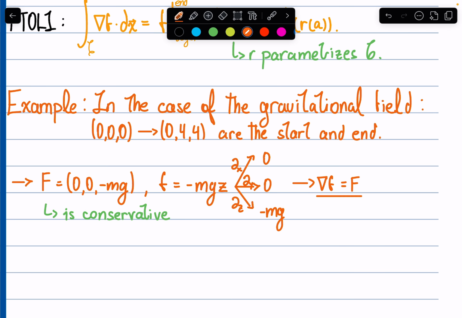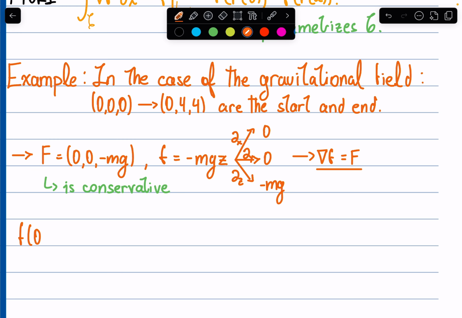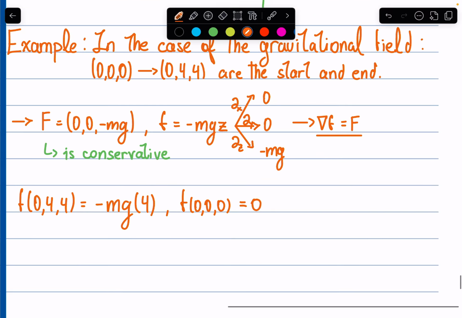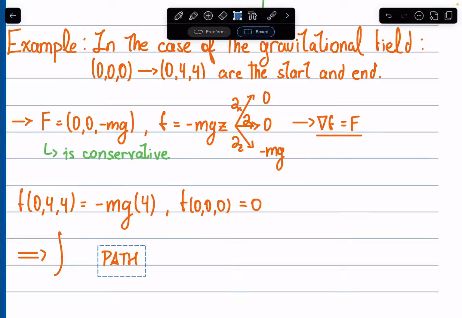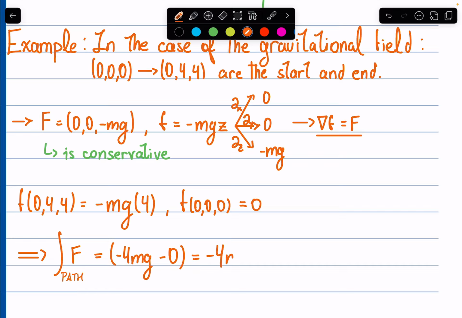Observe that when we evaluate f at 0, 4, 4, we get precisely negative mg times 4, and when we evaluate it at the origin, we get 0, so that it holds that the integral from any path connecting the origin to 0, 4, 4 of the gravitational force field is in fact negative 4 mg minus 0. And that was the result that we obtained in the previous examples.